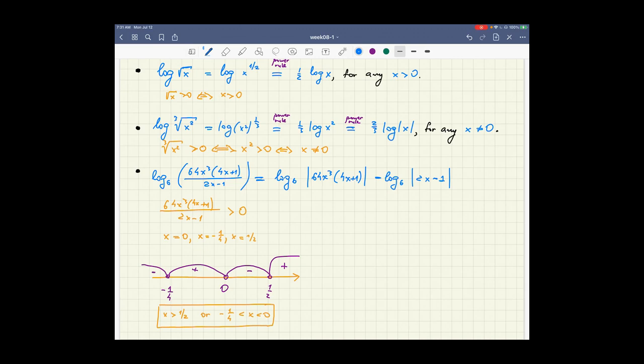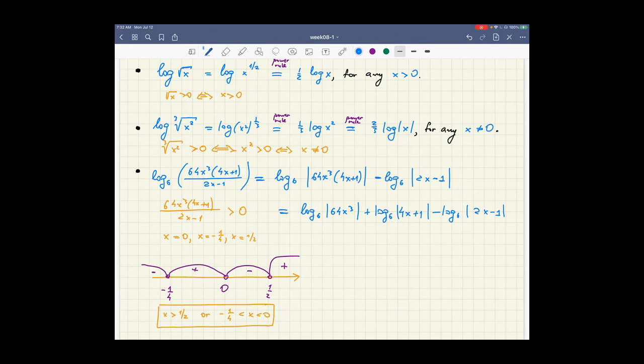Now, I will apply the product rule in the first term because I can write that this is log 6 of 64x cubed, and again absolute values, plus log 6 of 4x plus 1 minus log 6 of 2x minus 1.